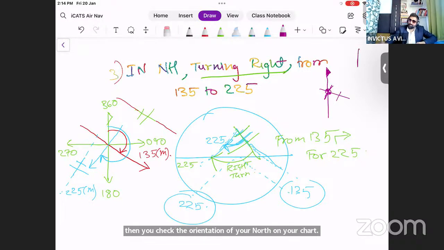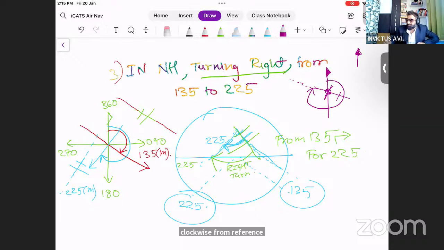If the orientation of your north on your chart is like this, let's say true directions in this case, then from the CG you make a parallel line with the north. Then you extend your heading line like this, and the same rule applies: clockwise from reference north. This will become your 315. In this case, magnetic. We are saying here variation is 0, so true and magnetic are the same.